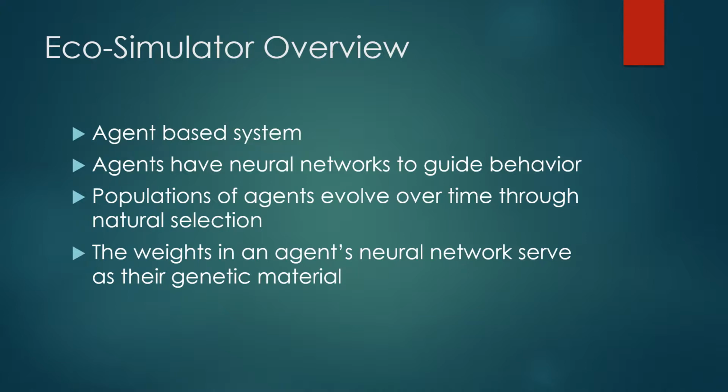So this is where some of the agents are dying out while others are surviving and reproducing and passing on their genetic material. So in this case, the weights of that agent's neural network serve as their genetic material because that's what's guiding their behavior. So I think that should be some good background for the demo. So let's head over to that next.